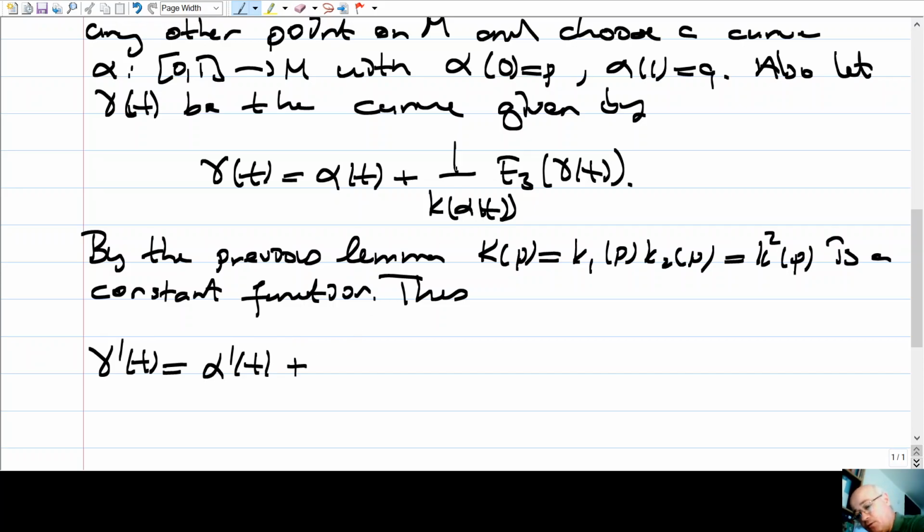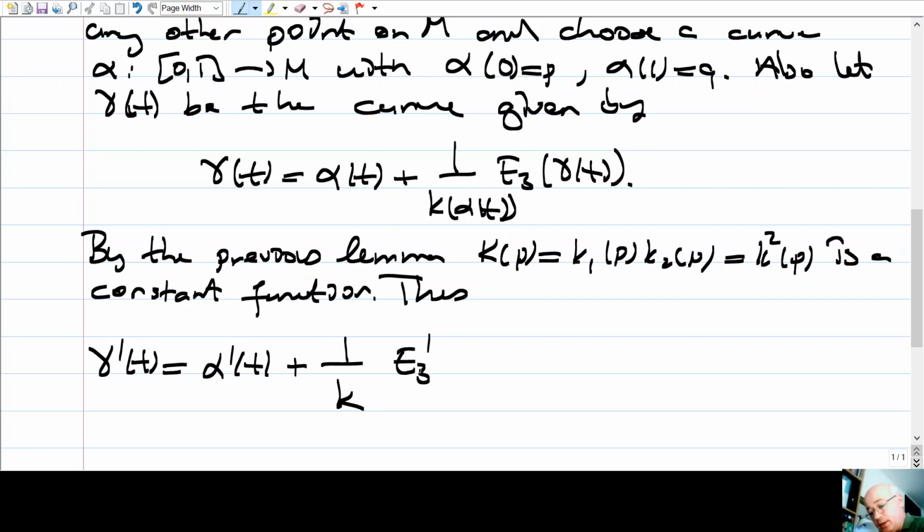So 1 over K alpha t we will regard as a constant, and let me just write K there. And then the derivative of this is just E3 prime.